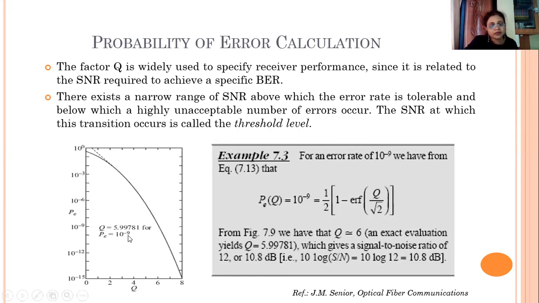Now, for 10 raised to minus 9, somewhere this value falls. This is where the 10 raised to minus 9 is. If I consider this point and then try to find out what is the quality factor corresponding to this bit error rate, it is somewhere around 5.99.